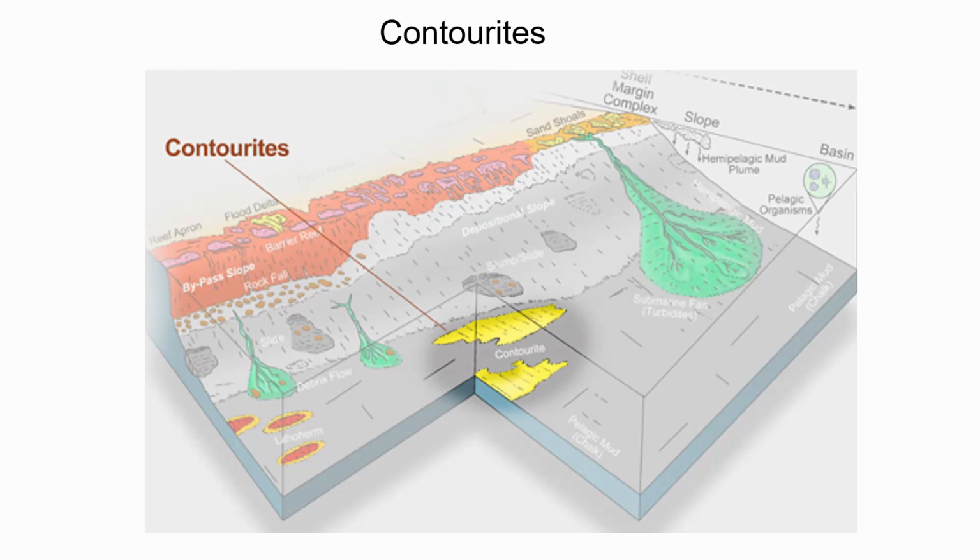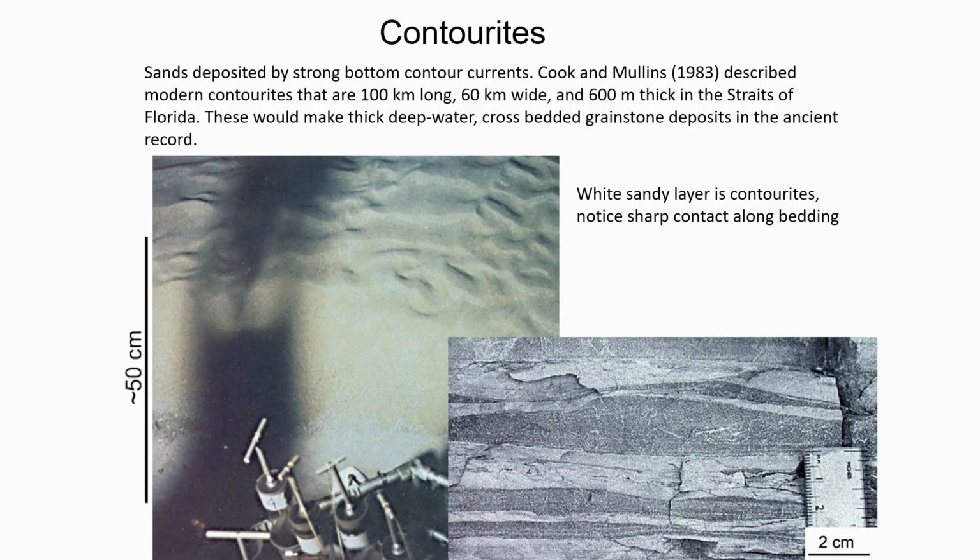In this figure, the green color represents the gravity flow deposition of submarine fans on the continental rise, while the yellow color represents the contourite deposition on the continental rise. These two pictures show the contourite deposit of the continental rise.